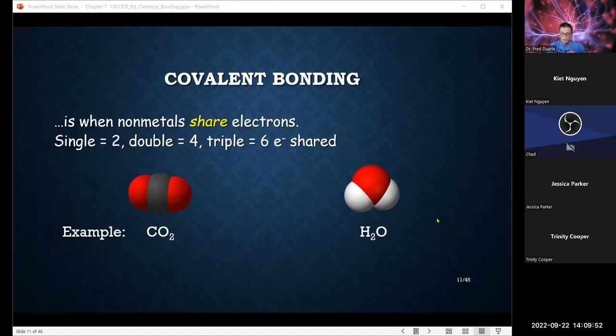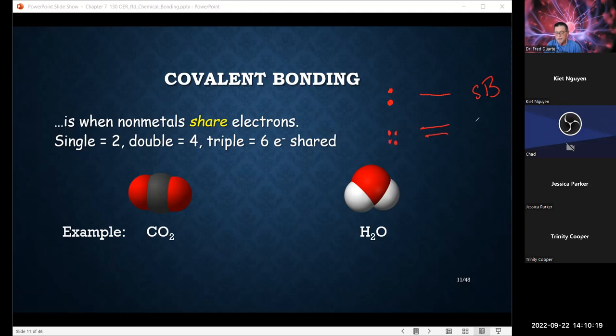We have a single bond, which I denoted earlier by a simple line. So I could write it either as two dots, which represent a single bond, or I can draw it as a line, okay? So this is a single bond. A double bond, I can write with two lines as follows, which represents 4 electrons.